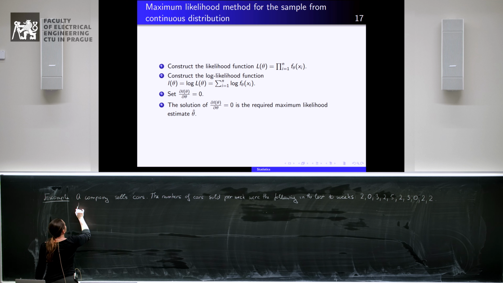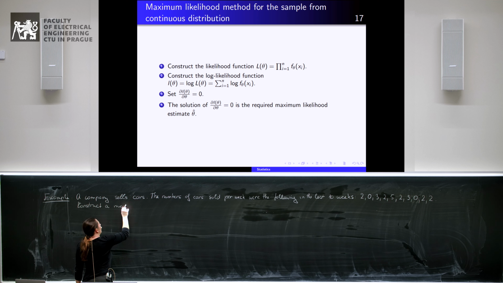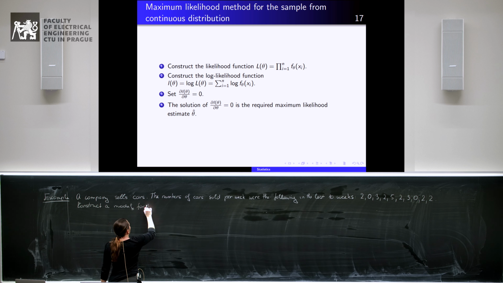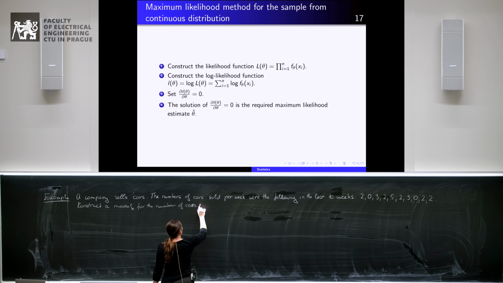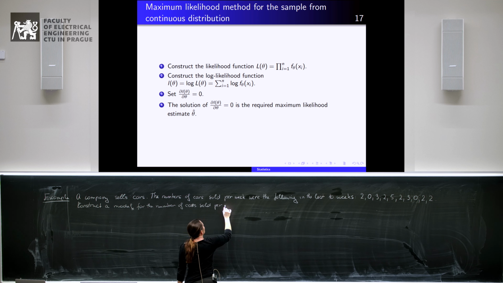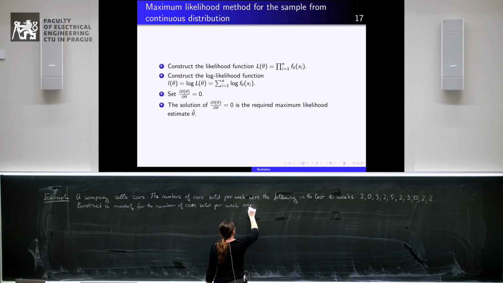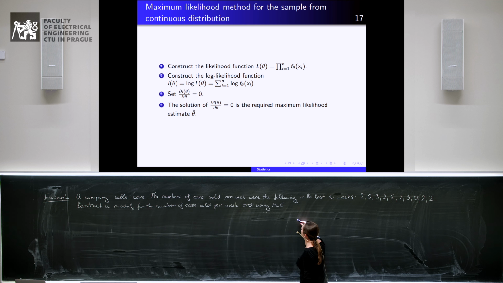The aim is to construct a model for the number of cars sold per 1 week, and using the maximum likelihood estimate method, or maximum likelihood method, depends on you, estimate its parameter.